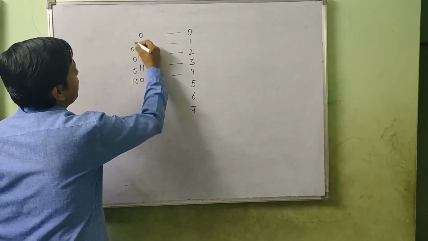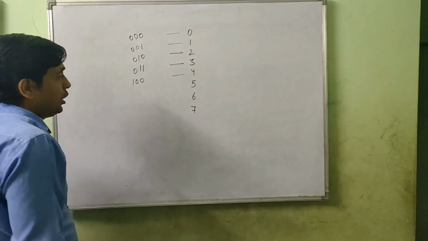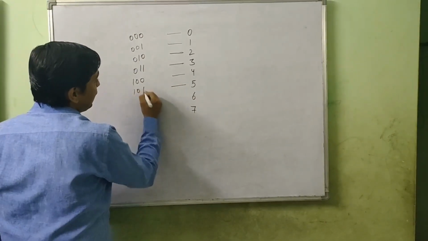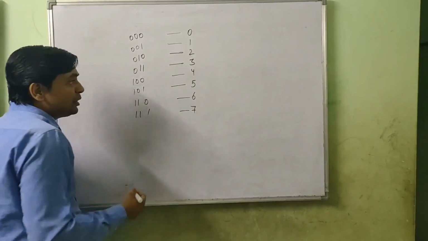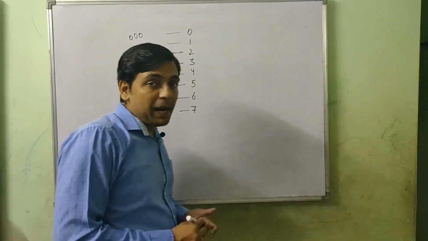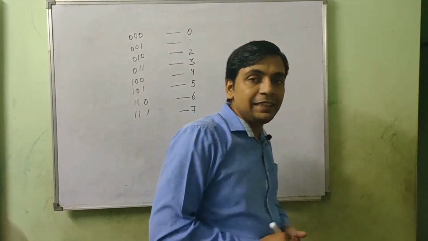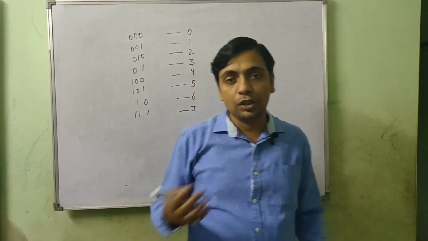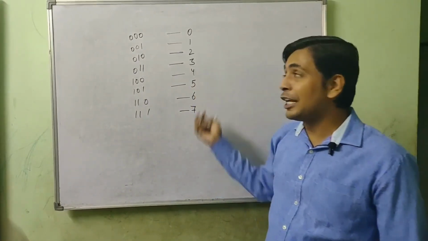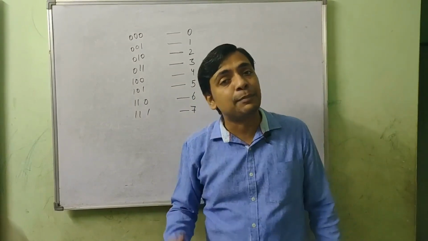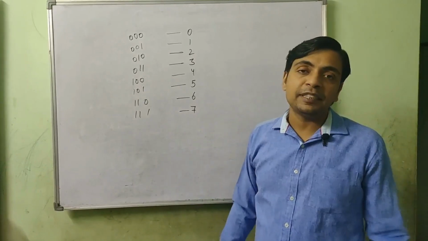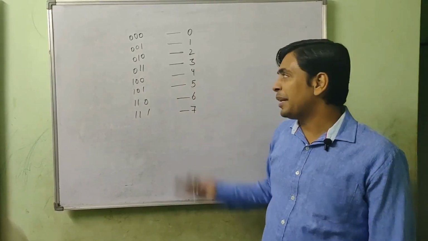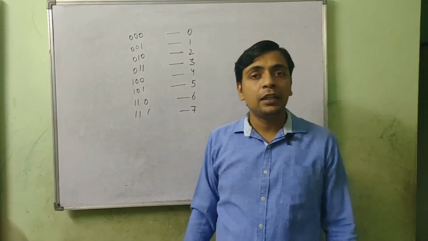So all of them let's represent in 3 digits. So 5 is 1, 0, 1, 6 is 1, 1, 0 and 7 is 1, 1, 1. That means all the 8 octal digits can be represented in 3-digit binary, since the largest octal digit can be represented in 3-digit binary.